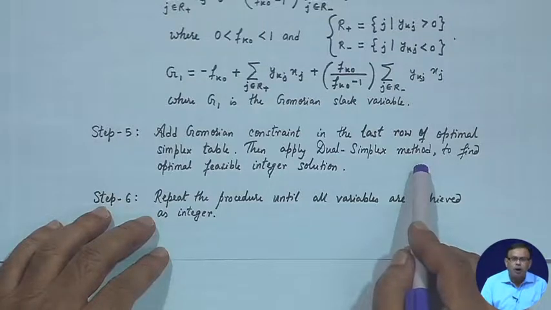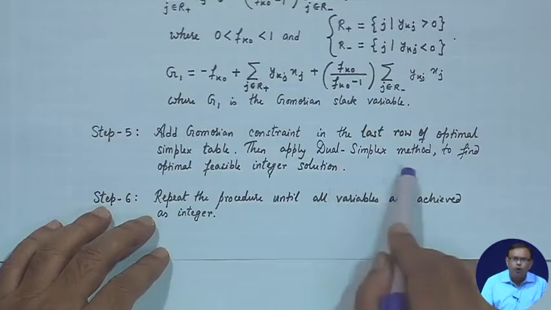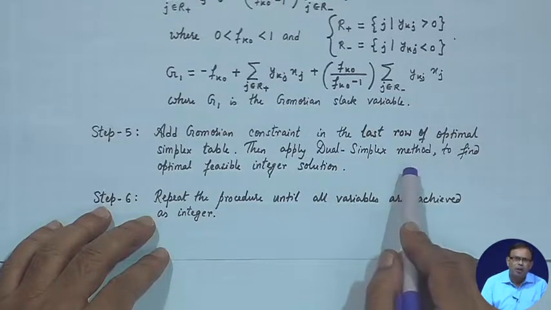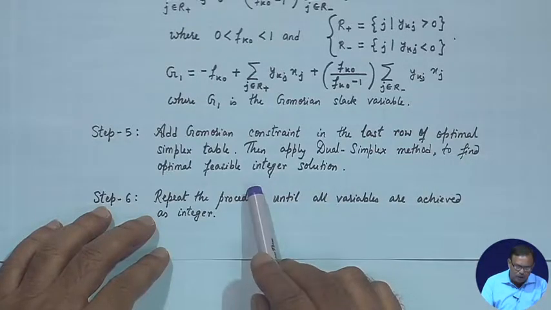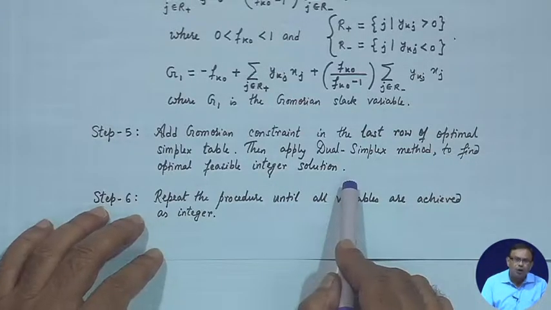Already I have explained that I have to use the dual simplex method because the value of the basic variable which will enter will be negative. Therefore, to find the departing vector and entering vector, I have to use the dual simplex method, which we discussed earlier, to find the optimal feasible integer solution.